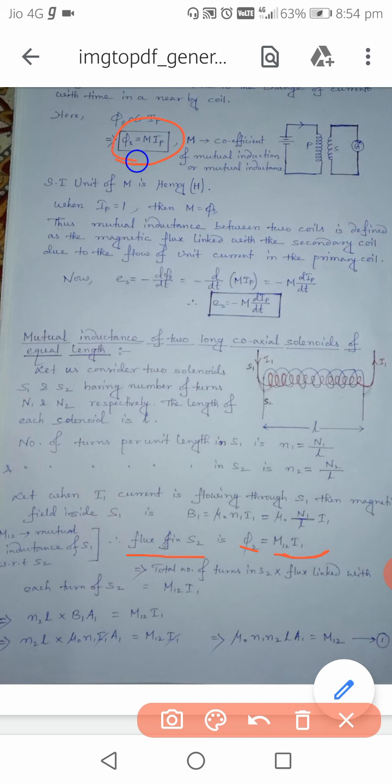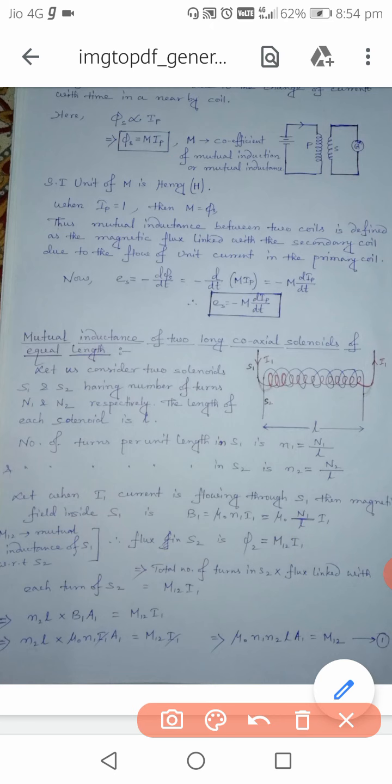M12 is the mutual inductance of S1 with respect to S2, and I1 is the current flowing through S1, because S1 is the primary and S2 is the secondary. Current always flows through the primary. I hope this part is clear.